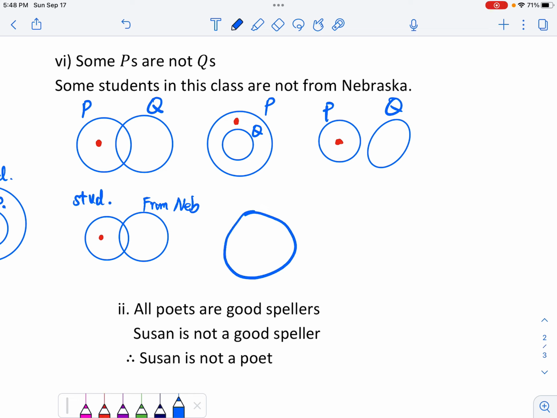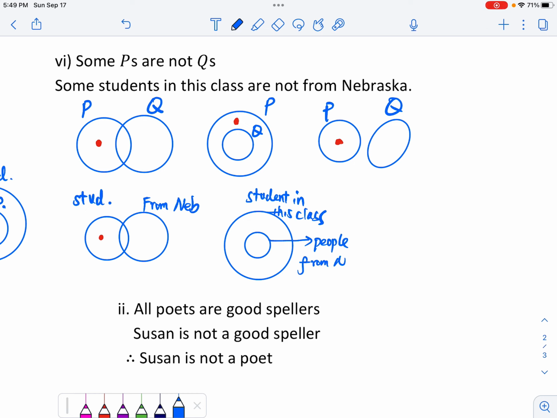And also here, if you want to say that, students here in this class, and the second one is people from Nebraska. Well, I feel like you really cannot use this, because students in this class are certainly not more than people from Nebraska.